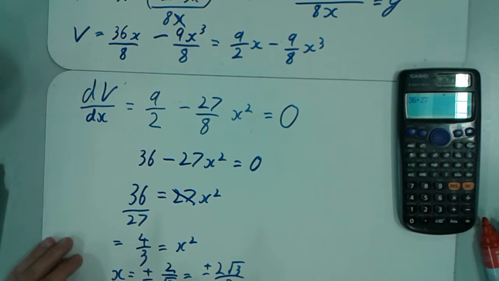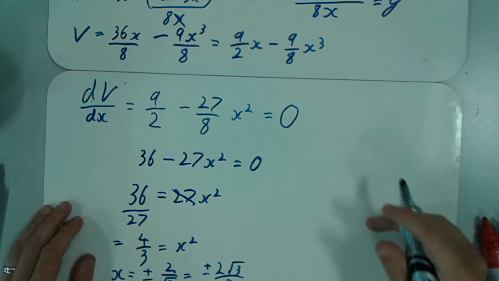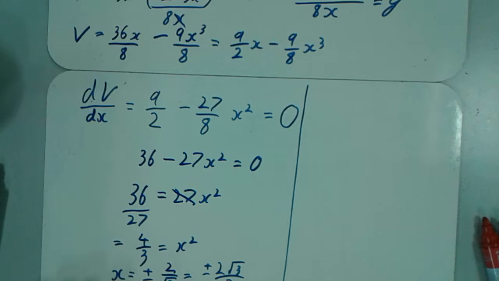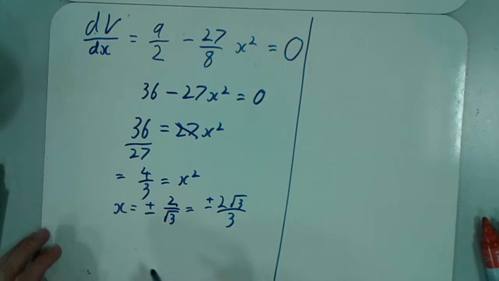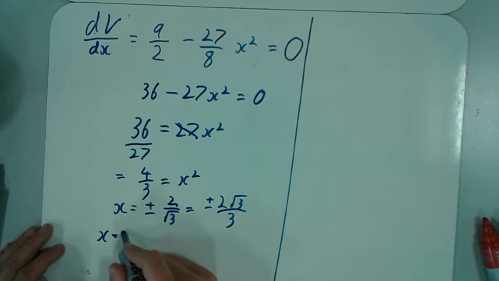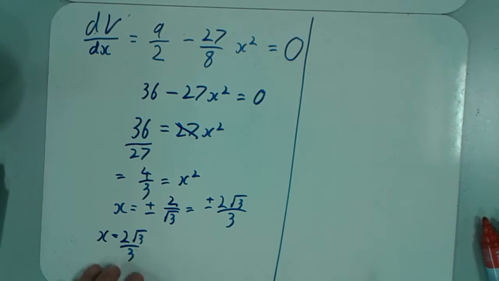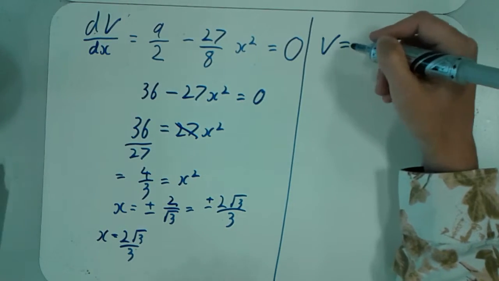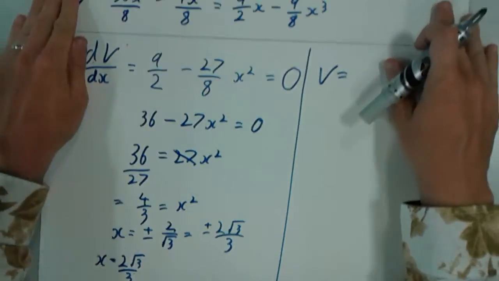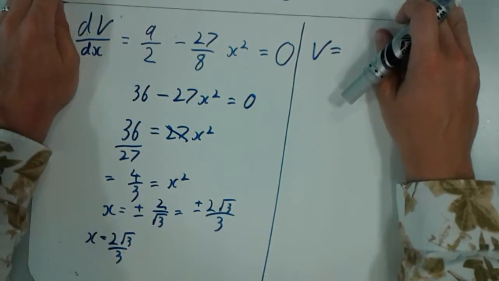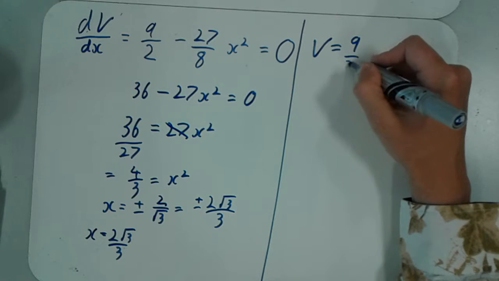Okay, we know that we can ignore the negative root here because x represents a length. We cannot have a negative length, so let's just give ourselves a little bit more space. x is 2 root 3 over 3. Some people think they're now done, but that is the x-coordinate. We were asked for the maximum volume of the tank. So we just need to plug that x value back into our formula for volume.